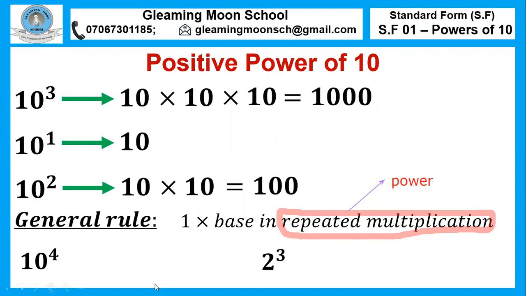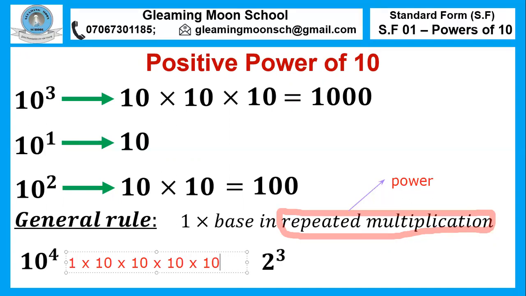Okay, now let's have a look. So if we have 10 raised to the power of 4, we are starting from 1, and then we multiply it by the base in repeated multiplication according to what the power says. What does the power here say? The power says 4. So that means we're going to have a repeated multiplication of 10 4 times. So we have 10 times 10 times 10 times 10.